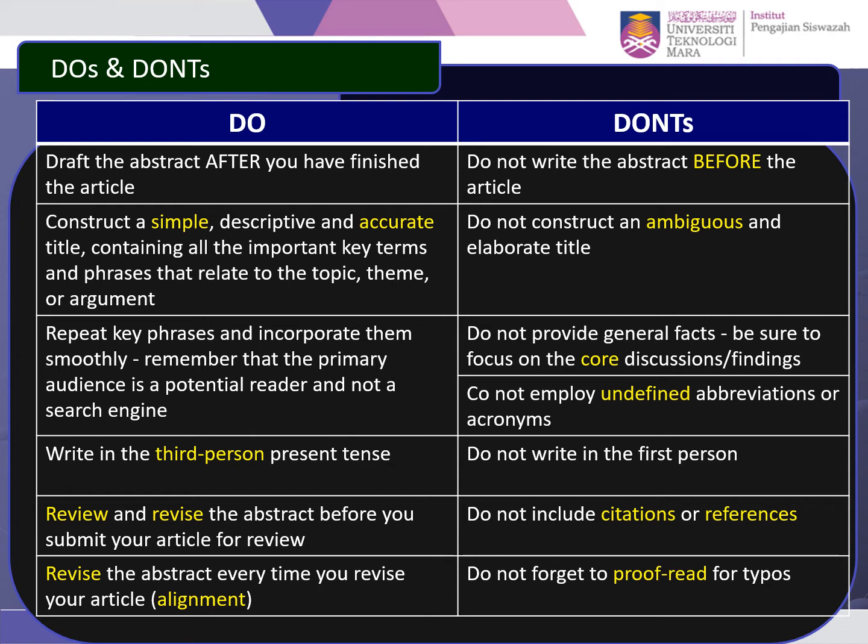Do not construct an ambiguous abstract. Write in the third person present tense, and it's always good to review and revise the abstract before you submit your article for review.